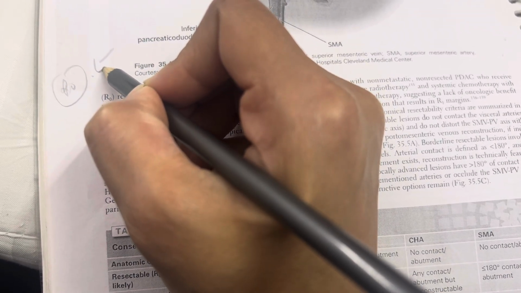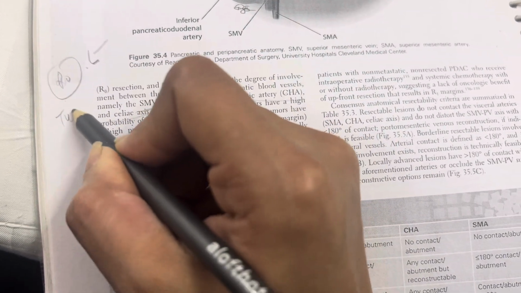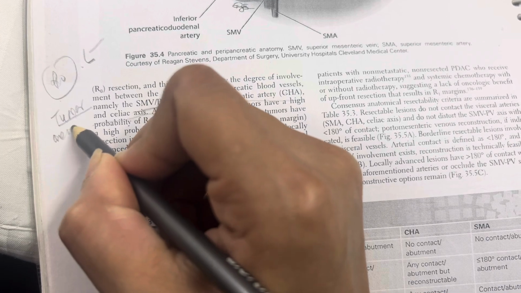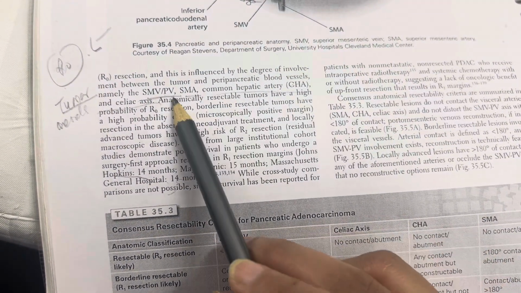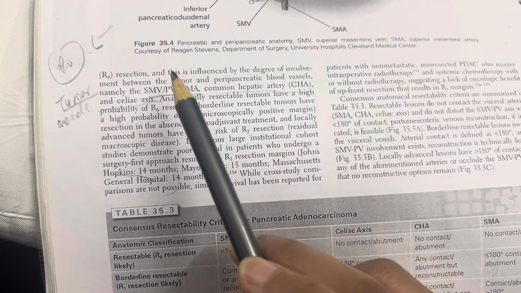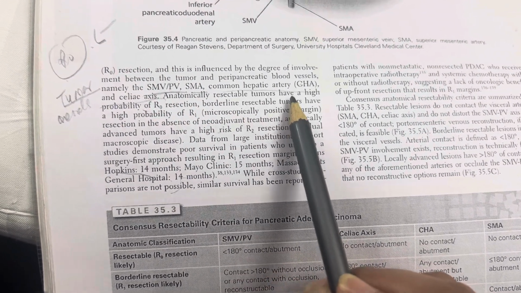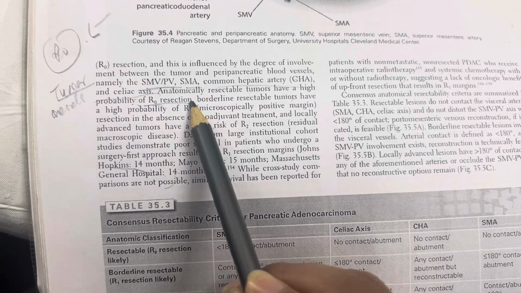For anatomical resectability criteria in pancreatic surgery, we have to see the tumor burden, and the status of vessels like the SMA, common hepatic artery, SMV portal vein axis and celiac axis. Anatomically resectable tumors have a high probability of R0 resection.